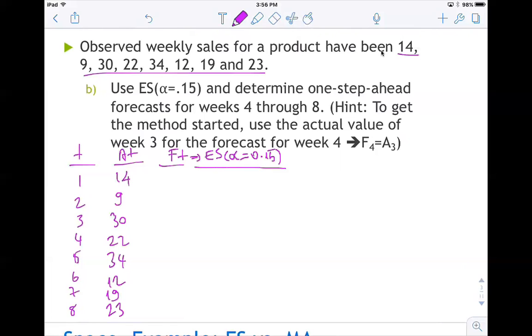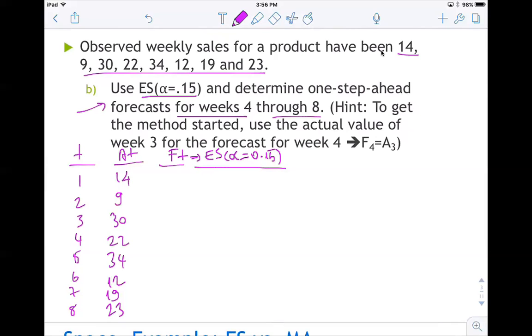Let's read the question a little bit in detail. It basically says to use the exponential smoothing method with alpha equal to 0.15 and determine the one step ahead forecast for weeks 4 through 8. Why 4 through 8?